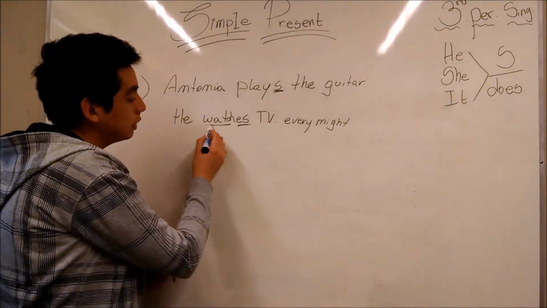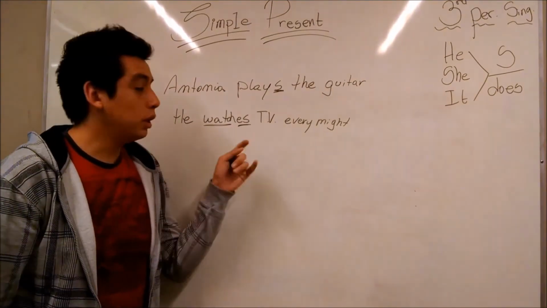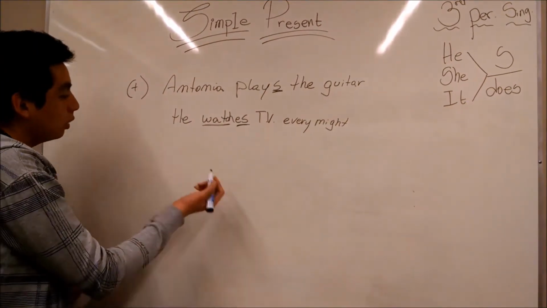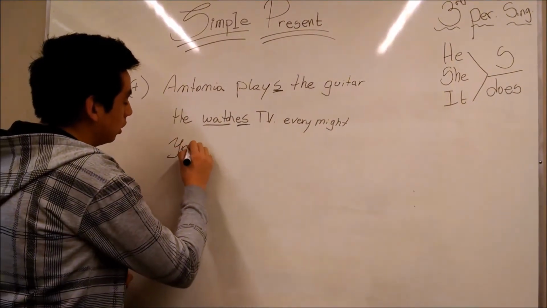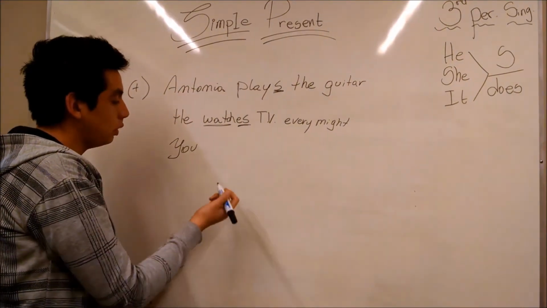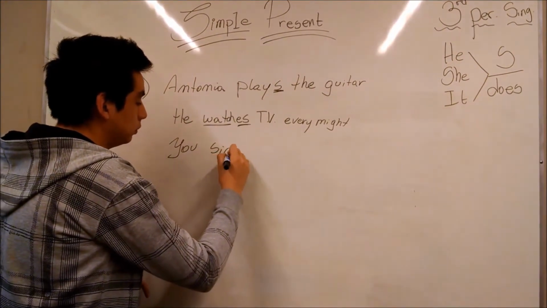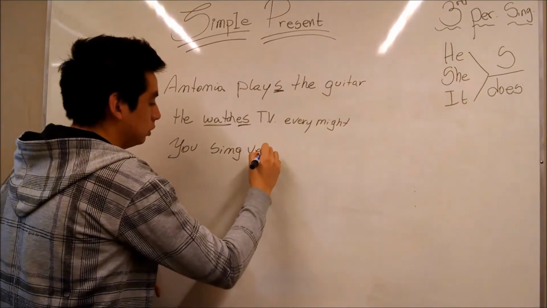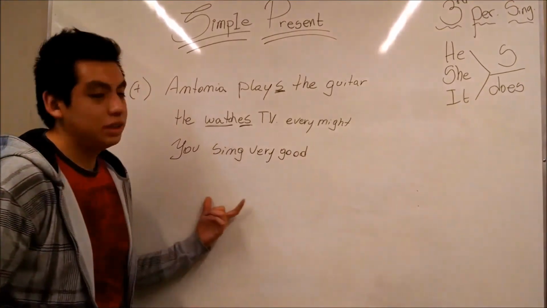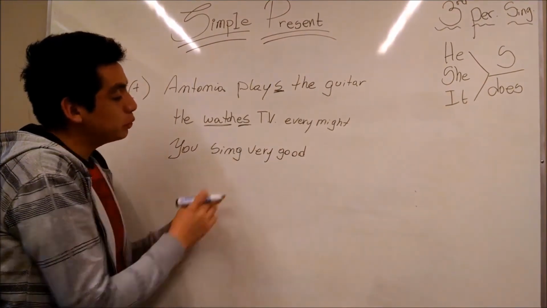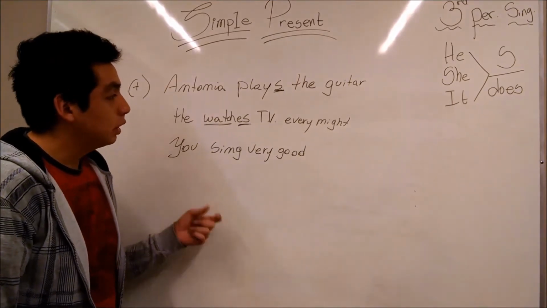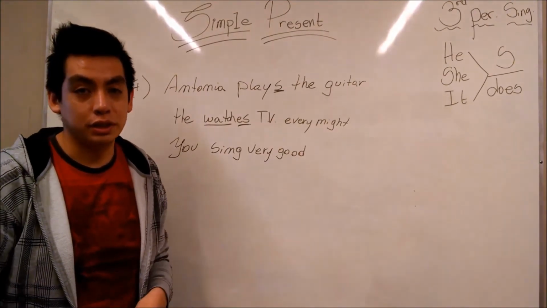Because our verb in this case ends in ch, we have to add es. Okay? Or we can also use you. You seem very good. In this case, we don't put the s at the end of our verb because we are using you. It doesn't belong to the third person singular.